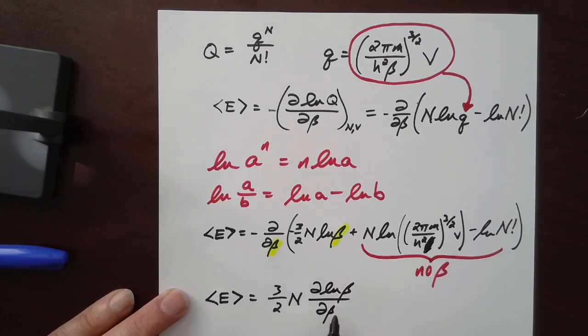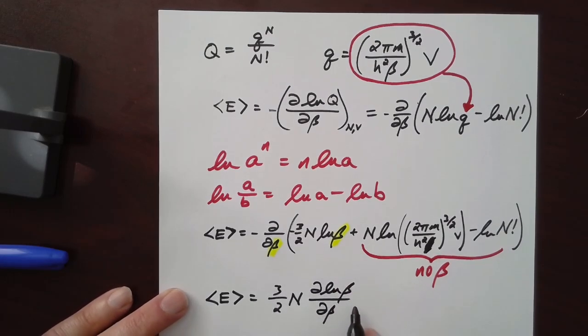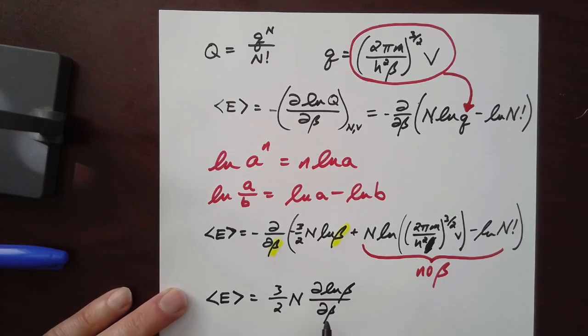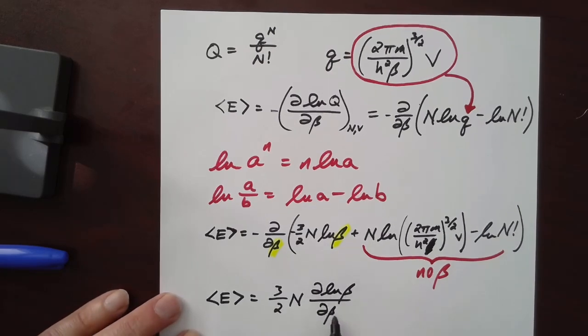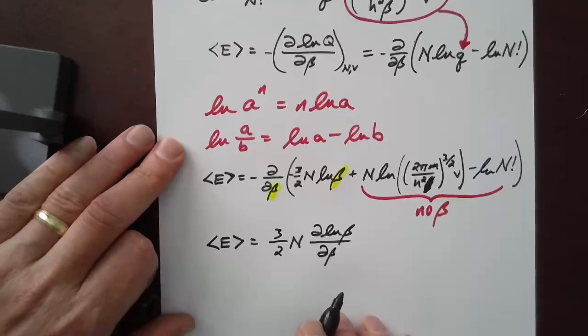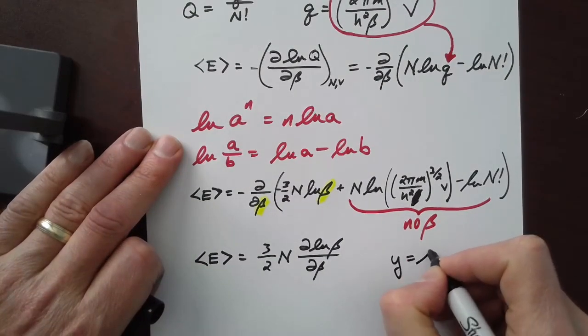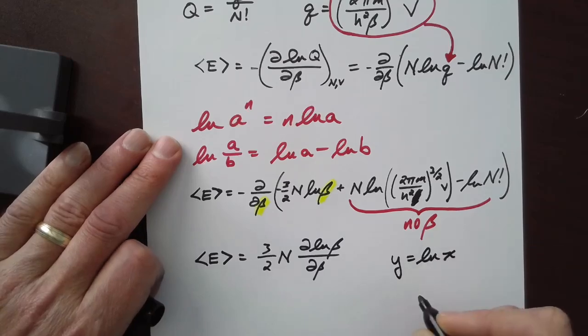So I've got the partial derivative of the natural log of beta with respect to beta. Let me make sure we can see what we're doing here. Let's say that y equals the natural log of x.